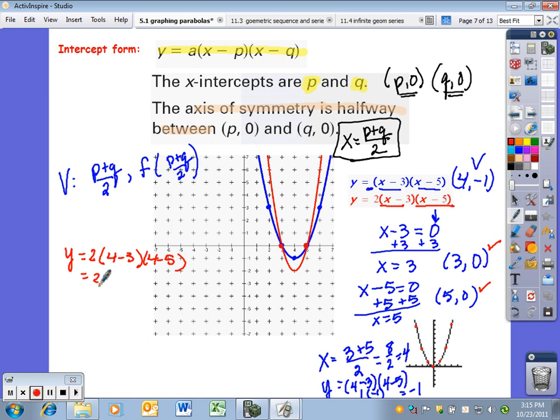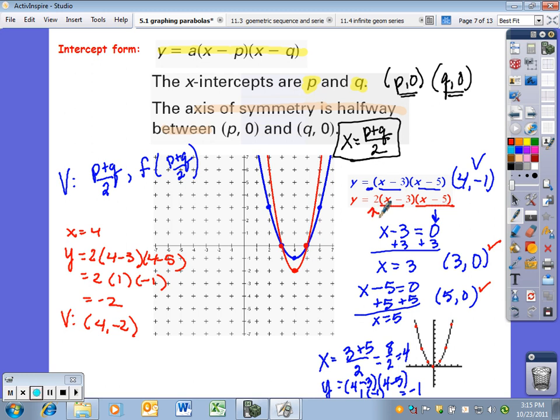That's 2 times 1 times negative 1. That's negative 2. So my vertex on the red one is (4, negative 2). Do I have a multiplier on this one?